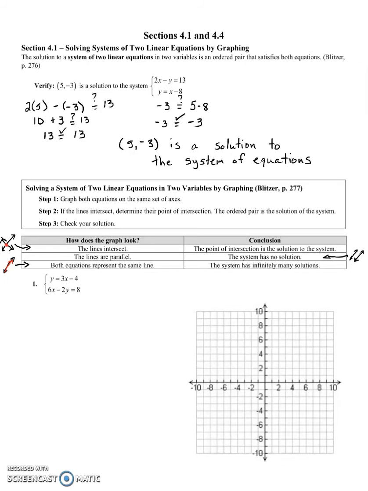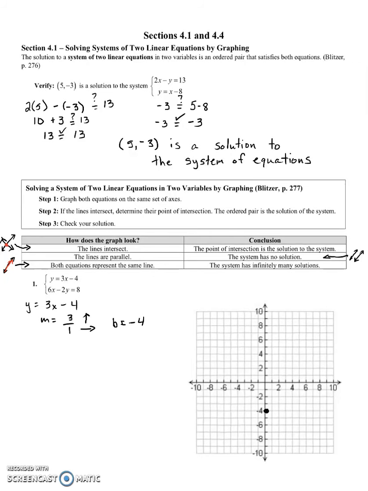So let's graph these. We have y equals 3x minus 4. So remember, we can graph that by using the slope and the intercept. So for y equals 3x minus 4, our slope is 3 over 1, which, remember, since it's positive, means up 3 and to the right 1. And our y-intercept, which we call b, remember, is negative 4. So we start by graphing the negative 4.